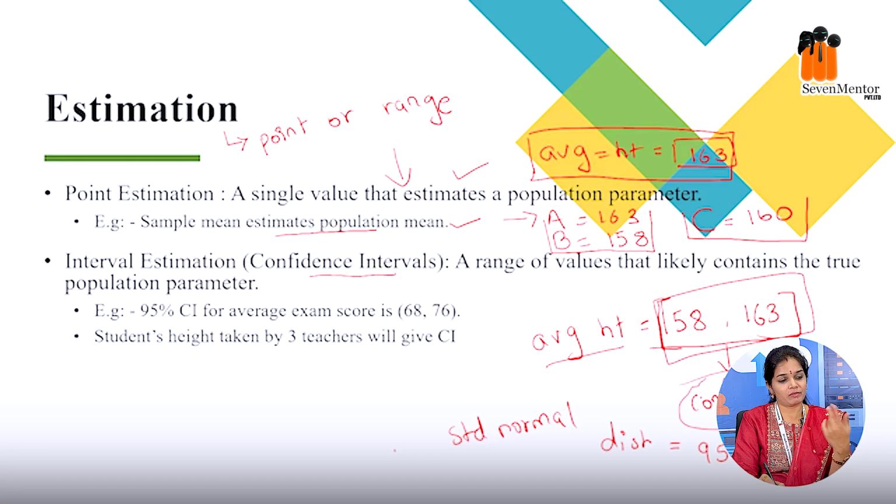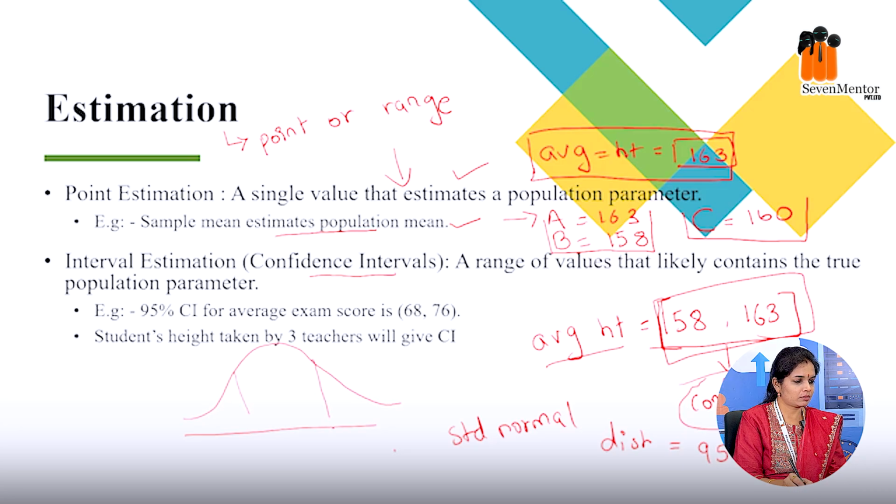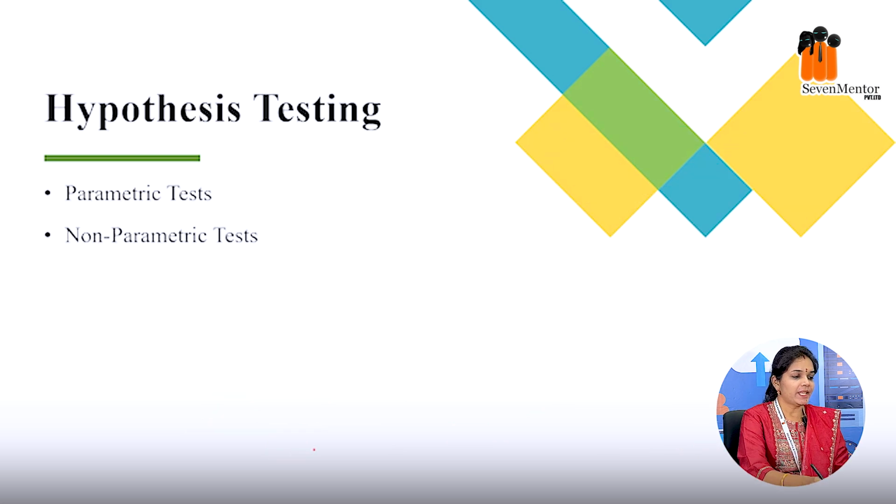Just remember this, we will be covering it in standard normal distribution. This is my confidence interval. Clear? Okay. The next parameter is hypothesis testing.